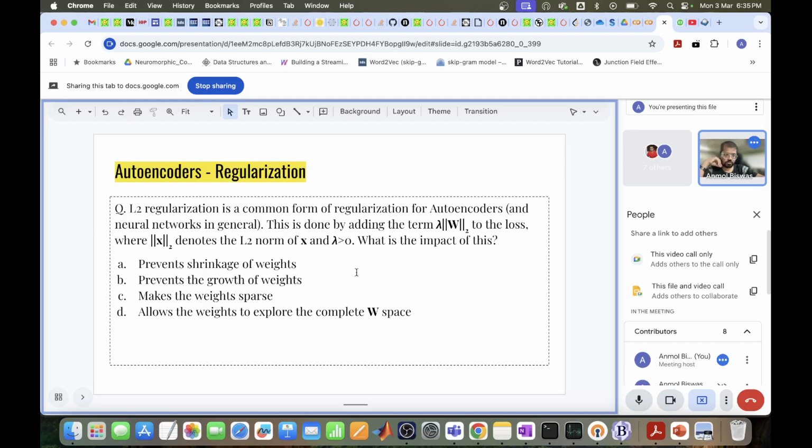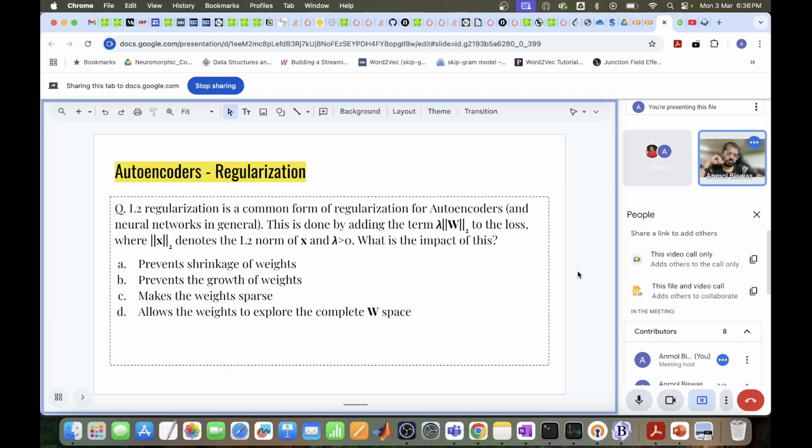So you apply this regularization to the network, and then the question is, what impact does it have on training your model? Does it prevent the shrinkage of weights? Does it prevent the growth of weights? Does it encourage sparsity? Does it allow the weights to explore the entire weight parameter space?